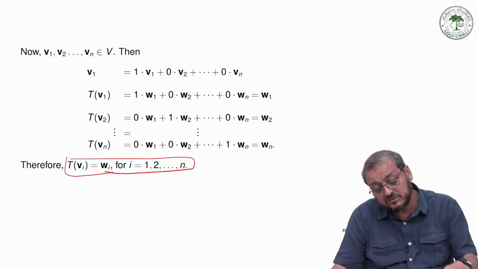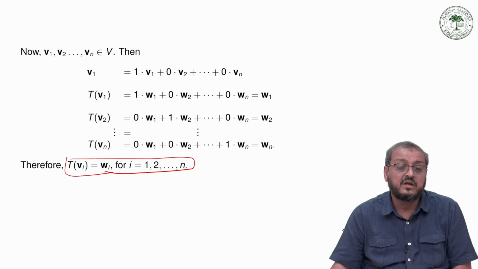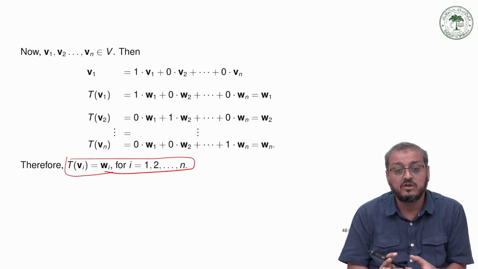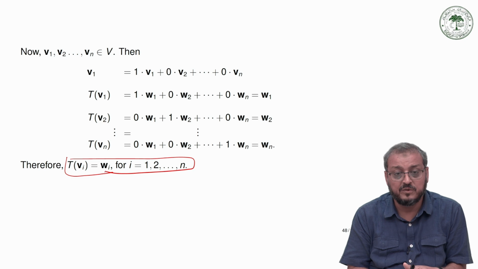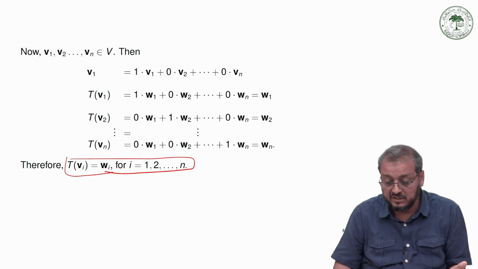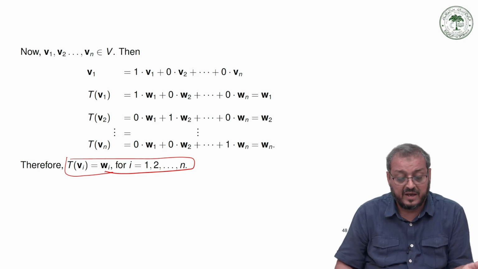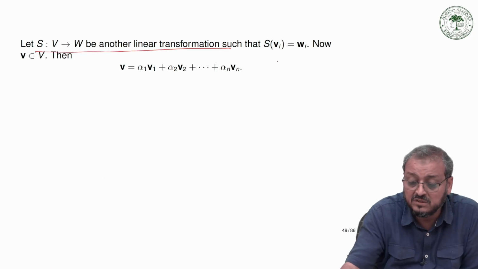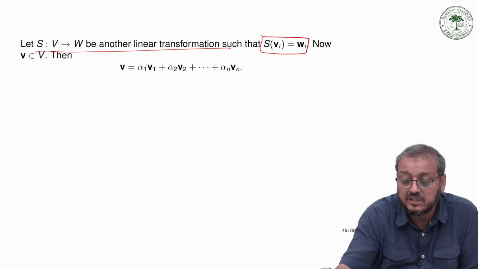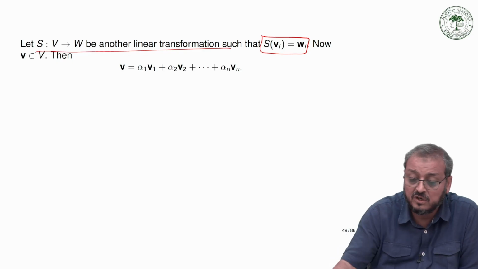Now we have to show that this is the only transformation which gives the representation T of vi equal to wi. There does not exist any other transformation. So we consider that another transformation may exist. Suppose S is another linear transformation such that S of vi also satisfies this condition.